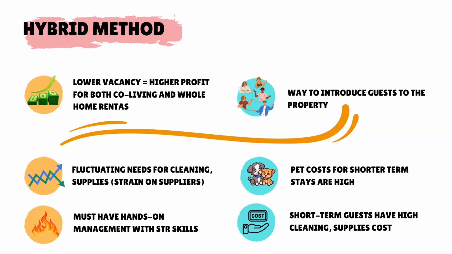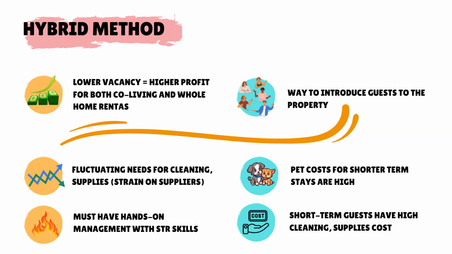Pet costs. If you have a tenant who's staying at your property for 6 months and they have a dog, you take the deposit for, let's just say, $300 or $500, and that's enough to cover the potential pet damage because it's the same pet. You're not going to have 5 or 6 different types of pets.